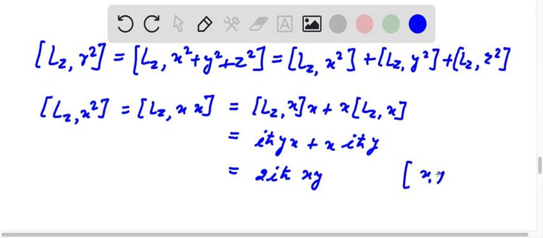Xy minus yx is equal to 0, or we can say that xy is equal to yx.